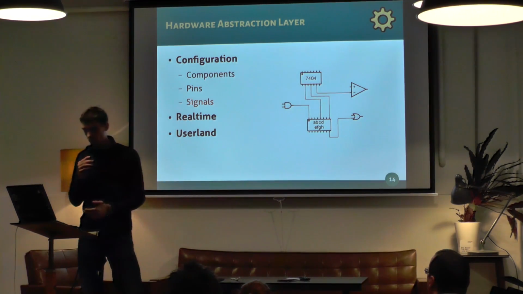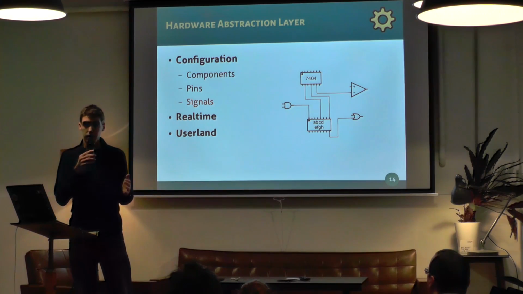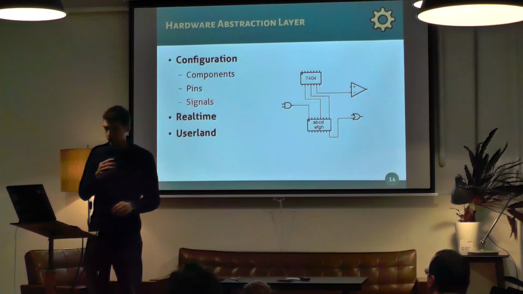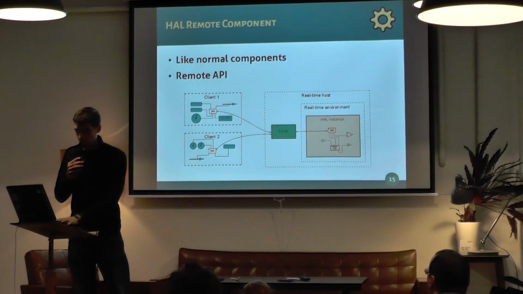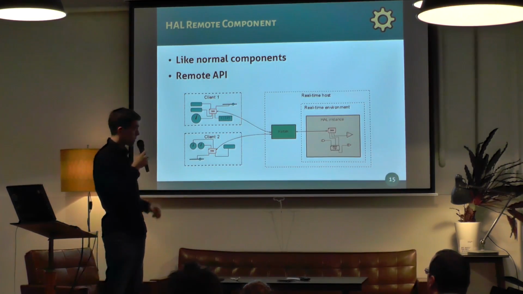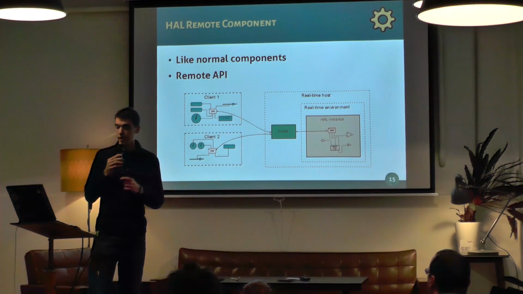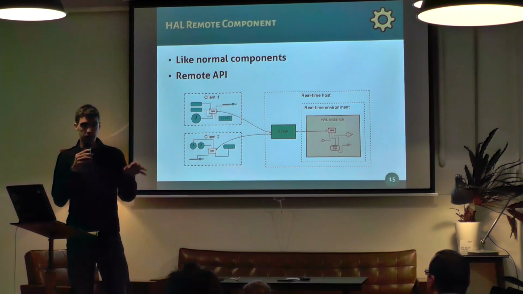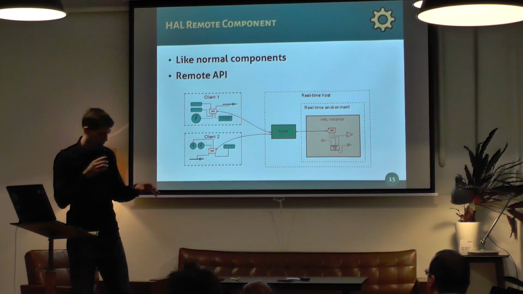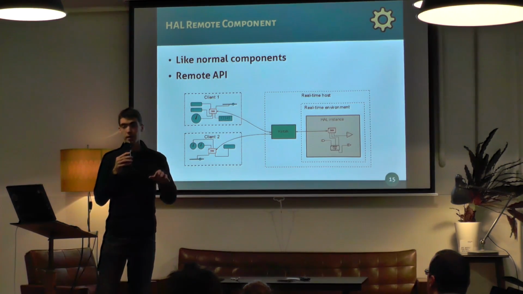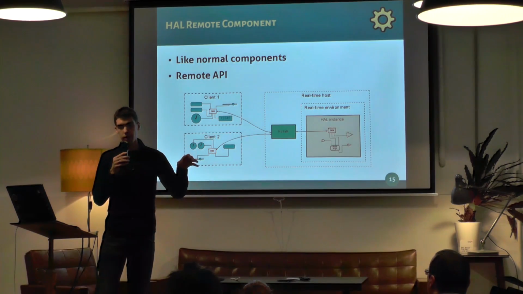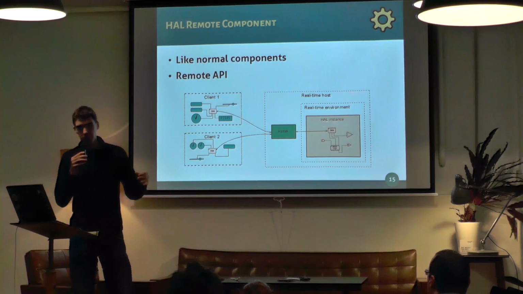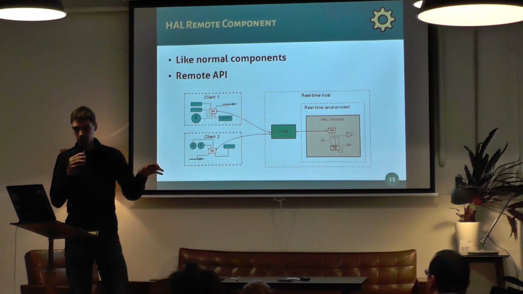Now you see this is mainly designed for a single computer running a single machine. And we extended it using Machinetalk. We added the remote component. The remote component is something similar to a normal component, but it has an interface to the network. For example, imagine a button in a user interface.